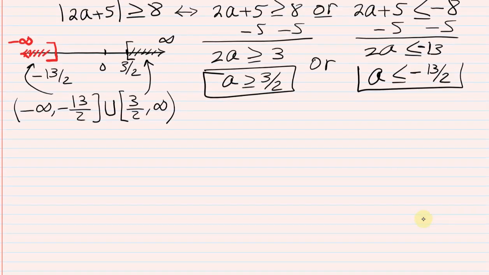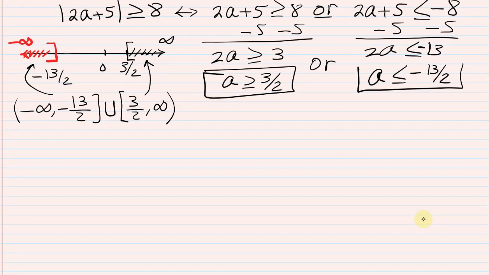Now, let's take a look at a couple of special cases. I'm looking at exercise number 68. In number 68, I have absolute value of 3y minus 4 is greater than -8. Now here, the key is the fact that this is a negative number. Remember, by definition, absolute value is always positive, correct?